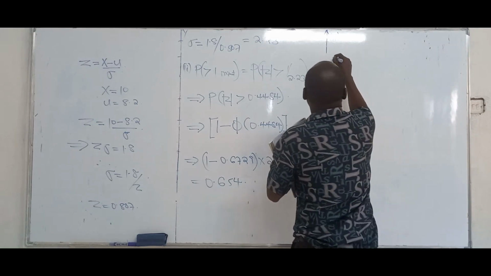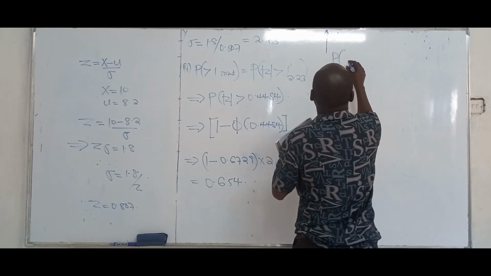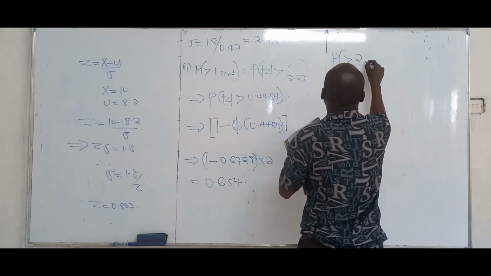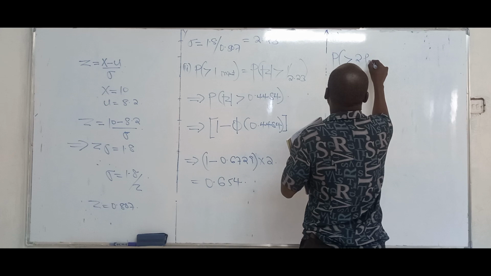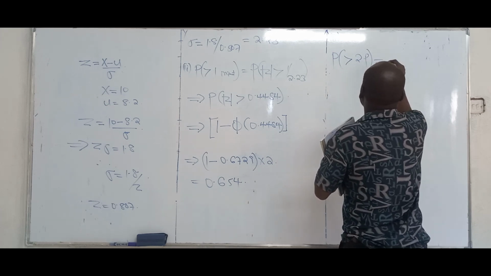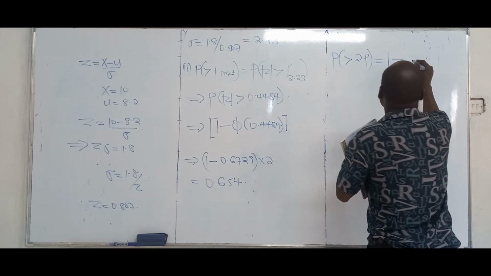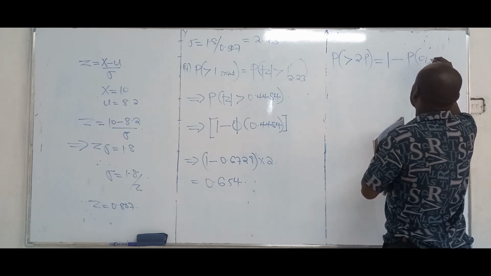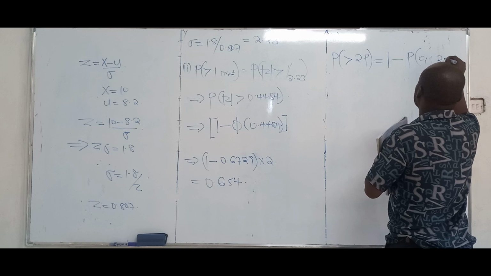So that will be the probability that more than 2 people, which would be given by 1 minus the probability that it's 0, 1, or 2.